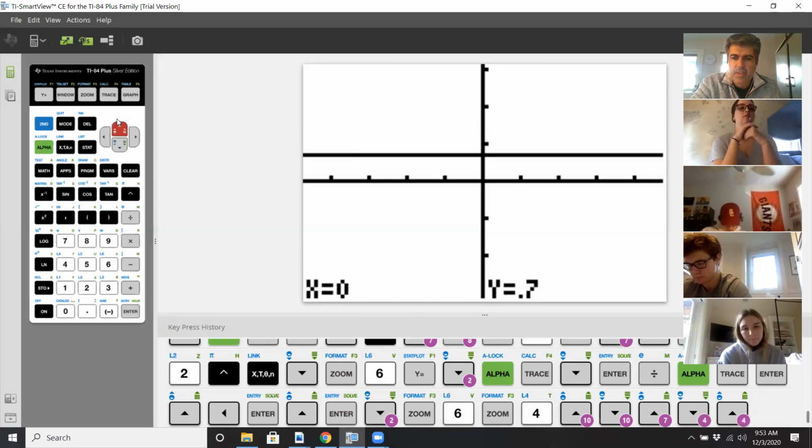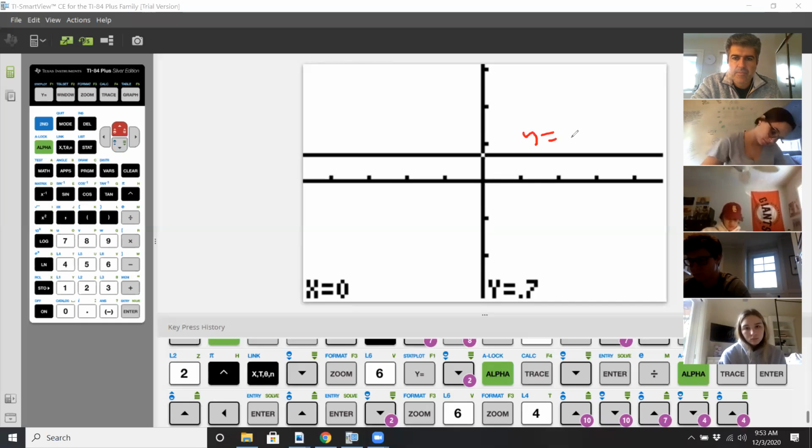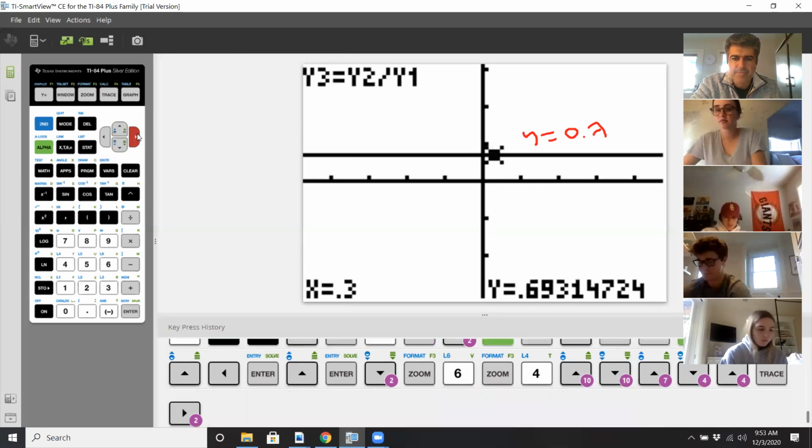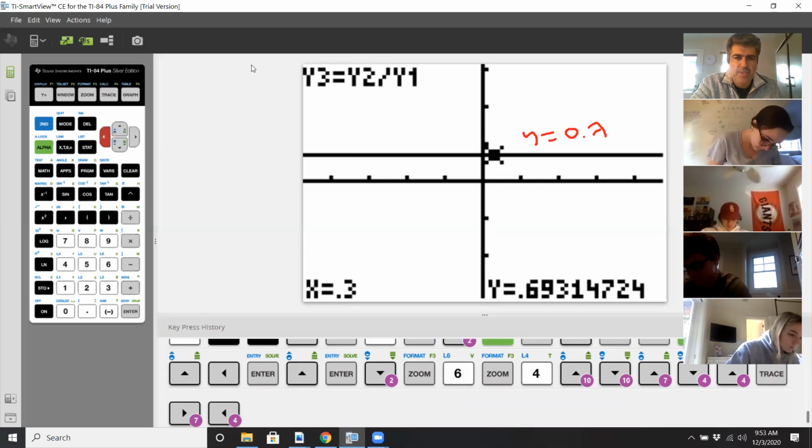Okay. So where is this graph located? This graph is located at y equals 0.7. Or if I trace, I mean, close enough. It says 0.693. So actually, that's what it is technically. It's y equals 0.693.